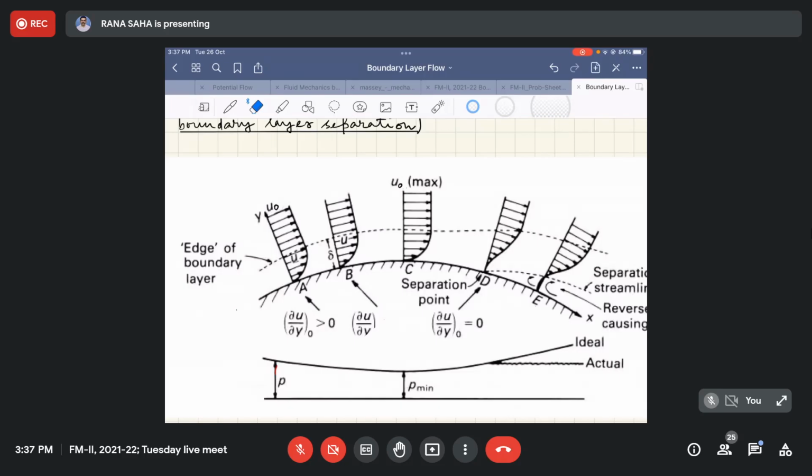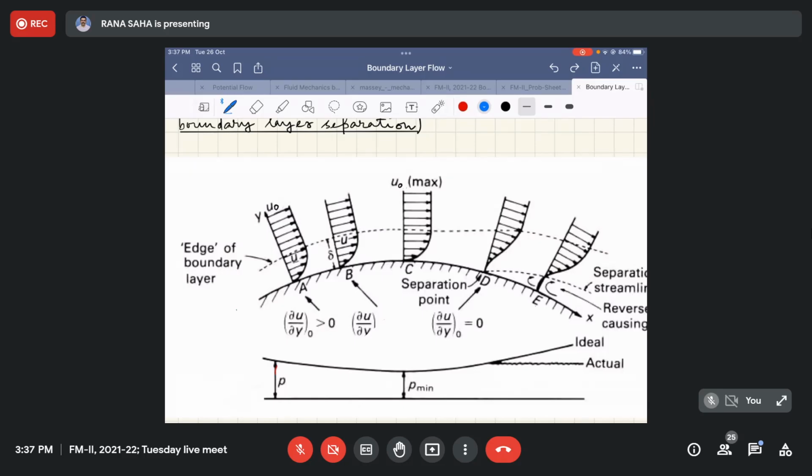your decrease in pressure, okay, so that you are going to have a situation where your del u del y at y equals 0 gets equal to 0. So that is typically the representation shown here at point D. Okay, so this is the point that indicates that beyond this point, I mean, okay, before that, at point C, what happens?